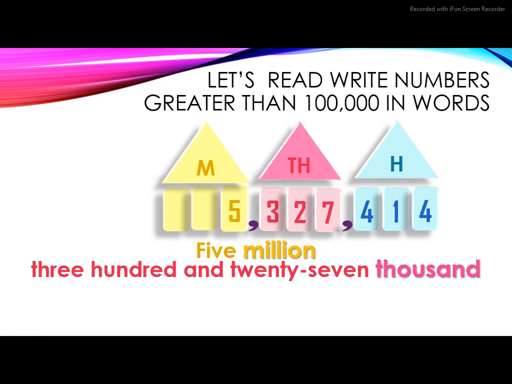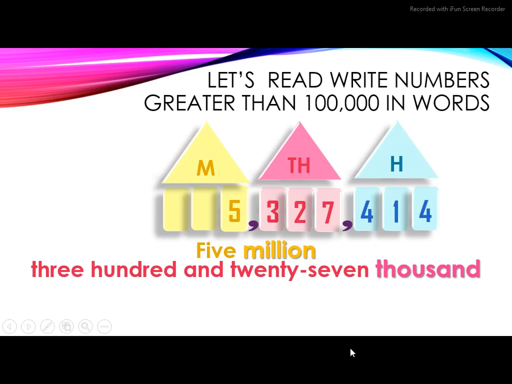And after 100, we will say and, A-N-D. Next, 27. T-W-E-N-T-Y dash S-E-V-E-N. 27. And thousand. T-H-O-U-S-A-N-D. Thousand.